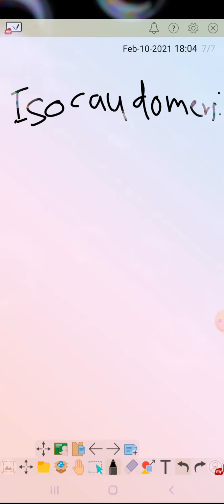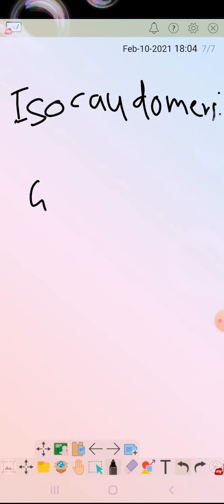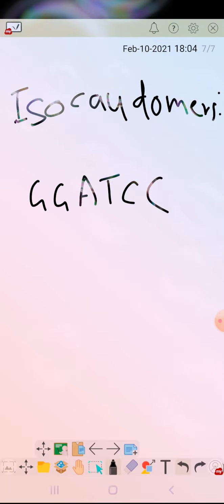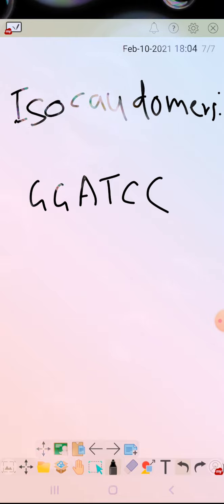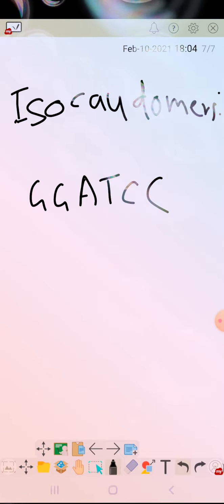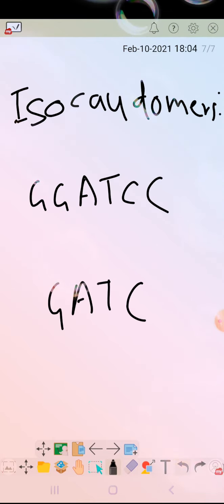Means suppose a restriction enzyme is there which can recognize GATCC, and there is another enzyme that recognizes GATC.